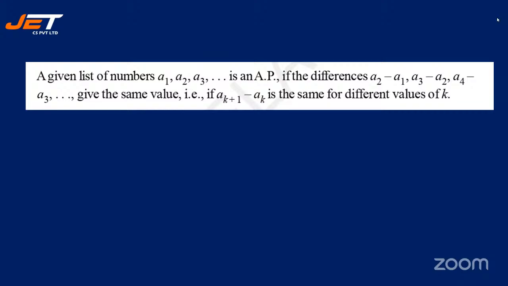That is, A(k+1) minus A(k) is the same for different values of k. So what does it mean? The second term minus the first term. That's what we normally do in arithmetic progression to find the difference.